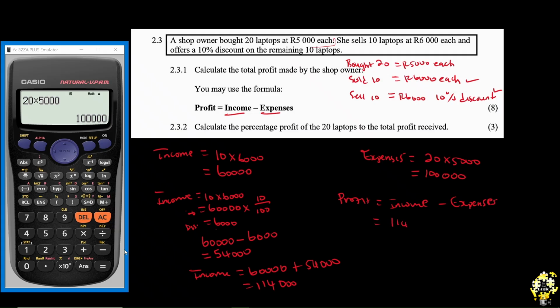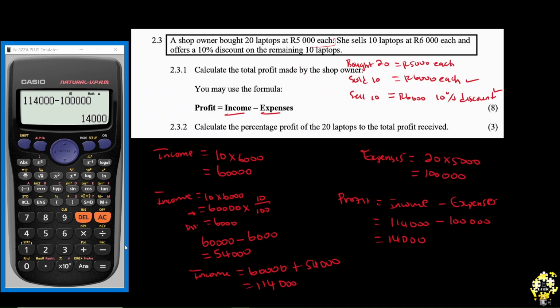So 114,000 when you subtract 100,000, what do you get? You get 14,000. So now this is the profit that this particular business has made for their transactions.